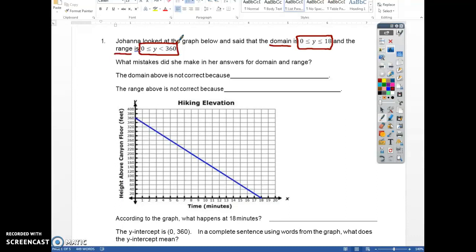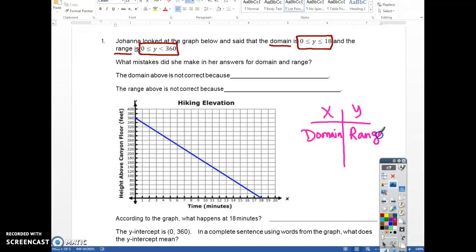What is domain? Domain is the X. And range is the Y. So you're writing this on your paper. So if domain is the X and range is the Y, where did she make a mistake on that problem?